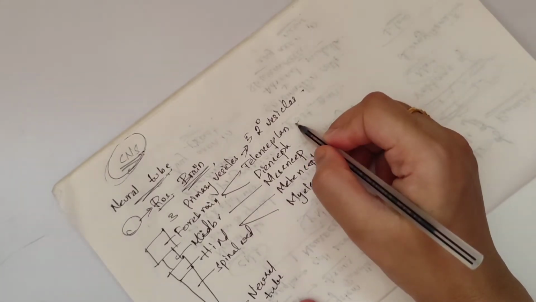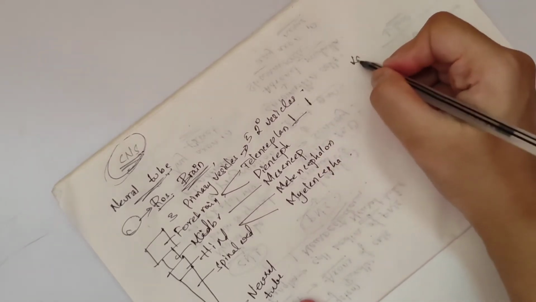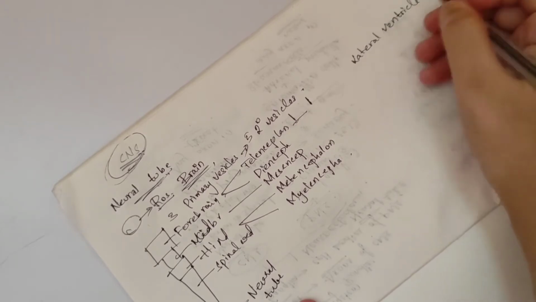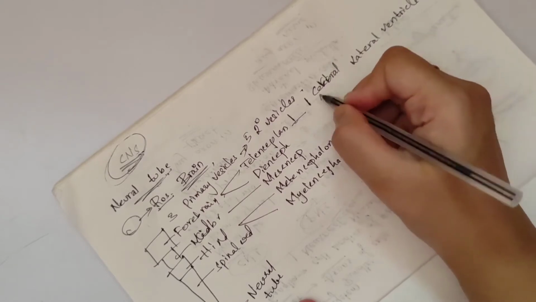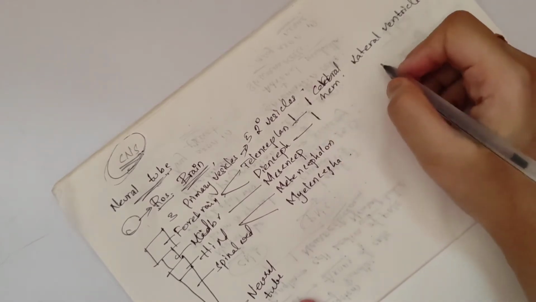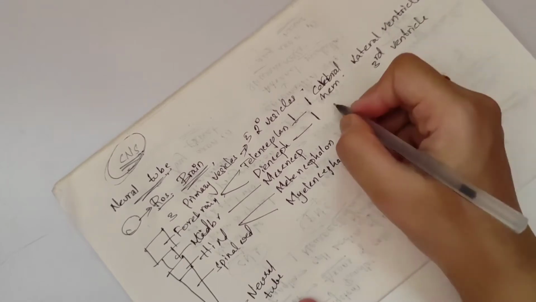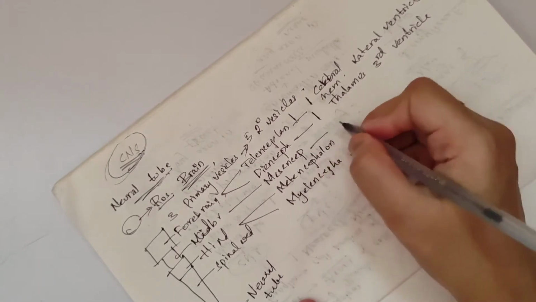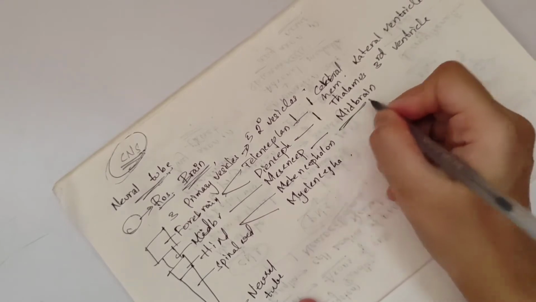So the derivatives of telencephalon consist of 2 lateral ventricles and also the cerebral hemispheres. The diencephalon has the 3rd ventricle, and it has the thalamus. The mesencephalon has the midbrain with no ventricle.